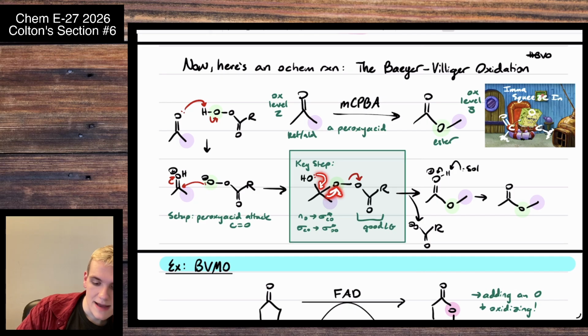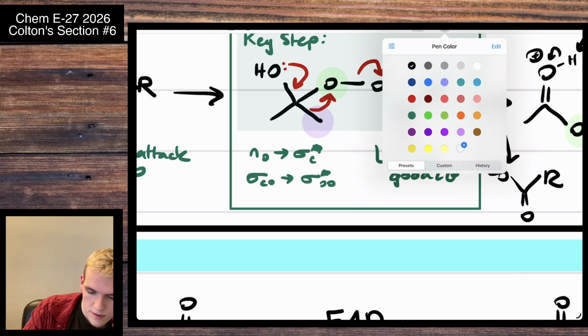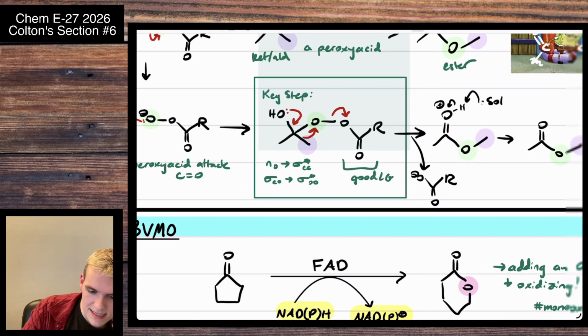So when we do that, a lone pair on oxygen is being put into the sigma star. I made another mistake. This should say sigma star CC, because we are breaking the carbon-carbon bond between the carbon that's the tetrahedral intermediate and the carbon that's currently a methyl there.